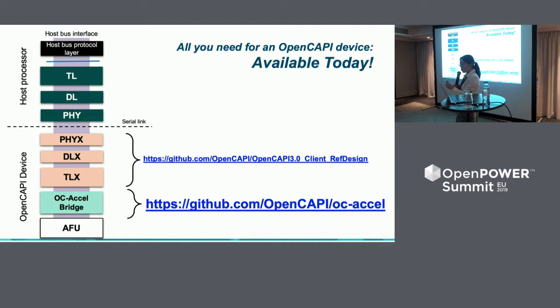And then it is the user's function, AFU. Today, the PHY, DL and TL are already open source. They were announced as open source at the August OpenPOWER Summit in San Diego. And now at the Europe Summit, we also announced that the OC-Accel is open source.